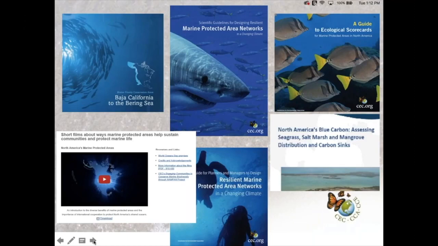For this and every other publication that I will mention, all of this is available on our website, and many of these are also available on the new NAMPAM website, typically in the 3 languages, at minimum in English and in Spanish, with at least a summary in French, and it's there for you to use, download, and share with everybody who you think will benefit from it. So that's my spiel for sending you to our website.